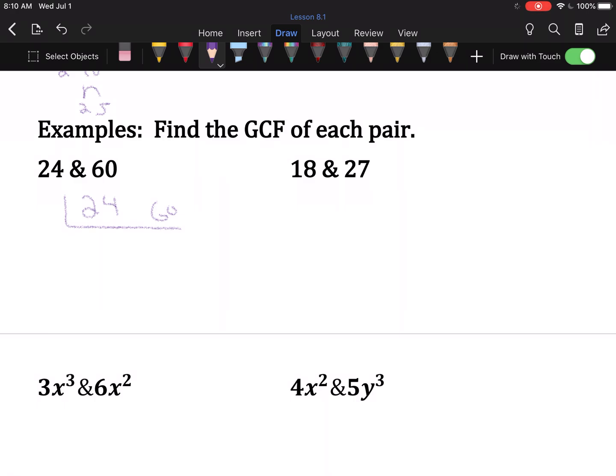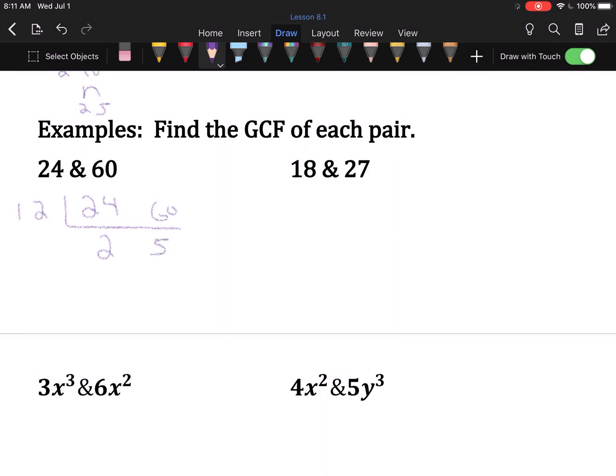So here's how this works. I'm going to write down the two numbers. I'm going to say, give me a number, any number, that divides into both 24 and 60. For example, 12. 12 divides into both 24 and 60. 24 divided by 12 is 2. 60 divided by 12 is 5.